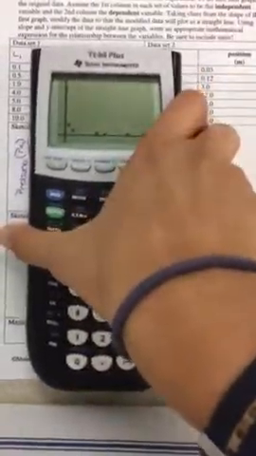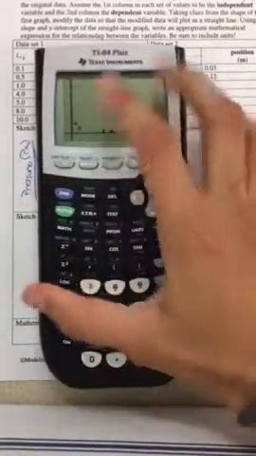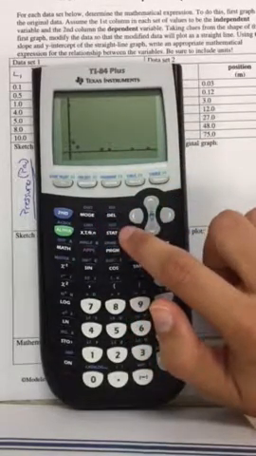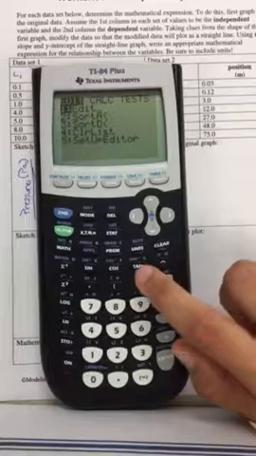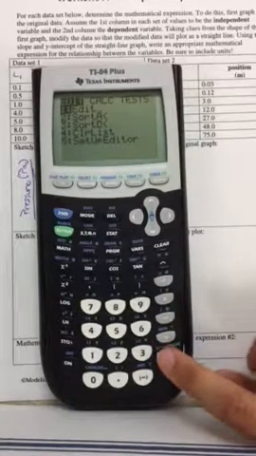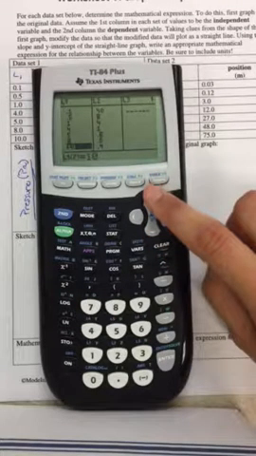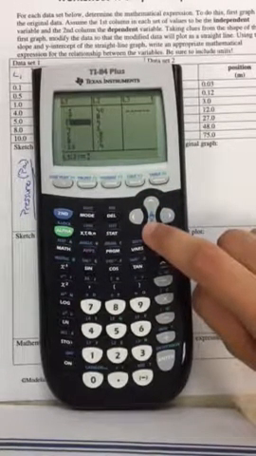So how do we do that? How do we get the inverse of all of those volume data points? If we go back to stat, we can actually make the calculator do this for us. We don't have to manually re-enter all of this data as 1 over 0.1, 1 over 0.5, 1 over 1.